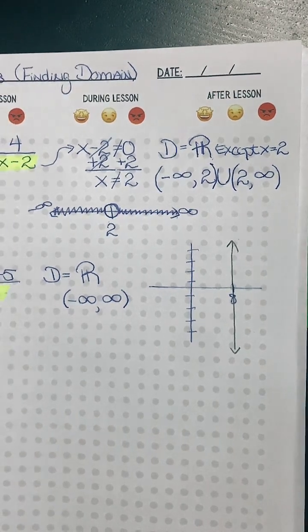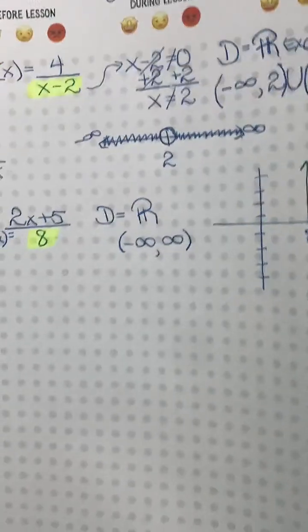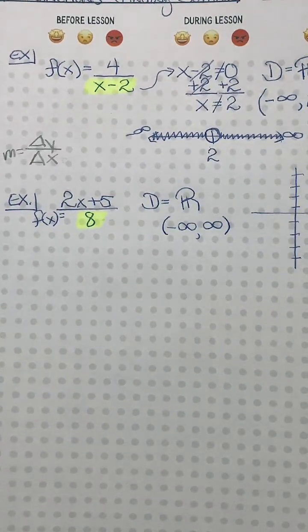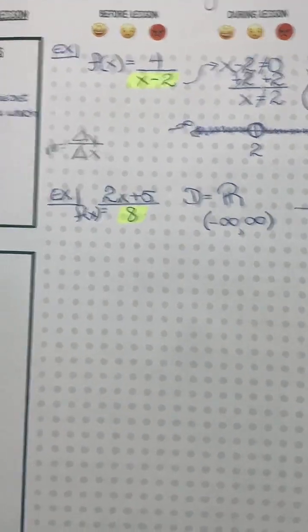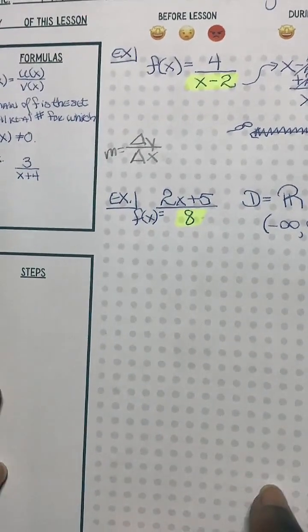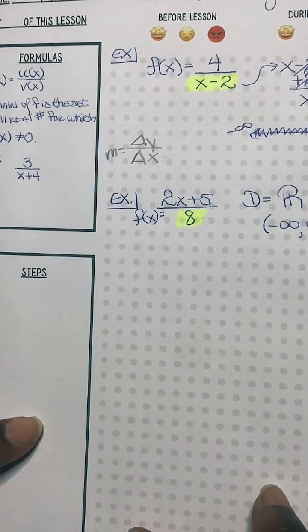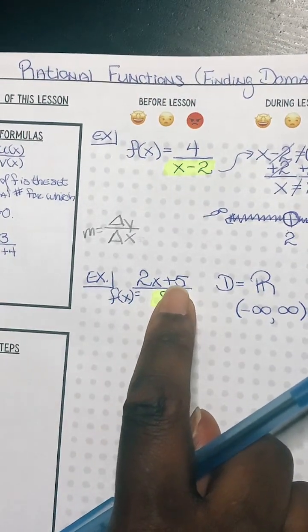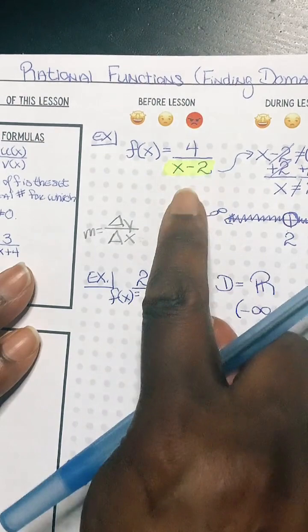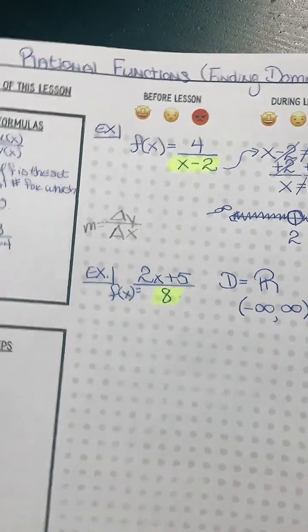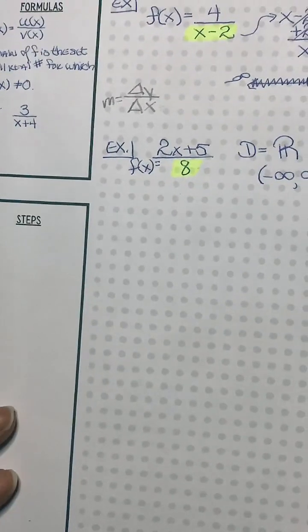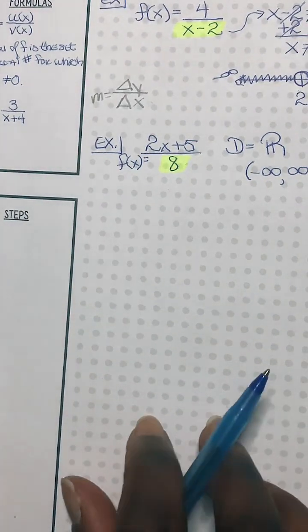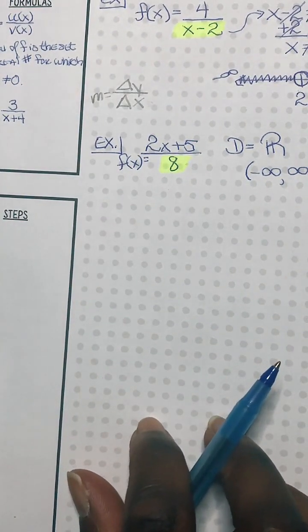All right. So we really want to know what is our domain. What is our domain? All right, so remember, at this point in time, it has nothing to do with the numerator. It's all about what's happening in the denominator. We're going to do something with the numerator in a moment.